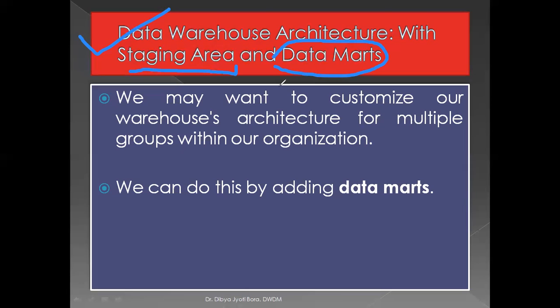What I mean to say is that what we have is summarized information in the data warehouse. Now, why not make some subsets out of it? Because that will make it easy to collect specific information. Suppose I want the HR information, then I can directly go to the HR subset of the data warehouse, right?